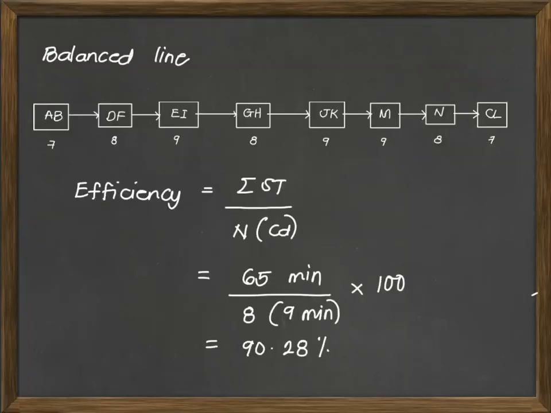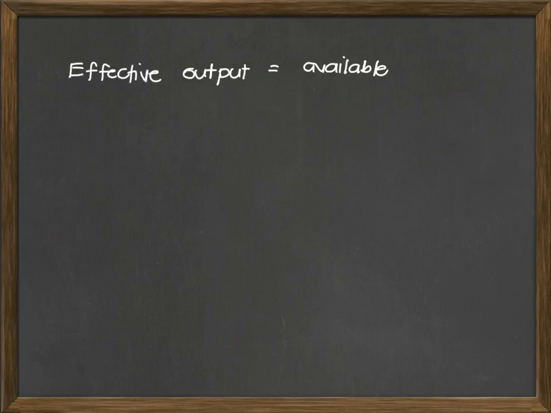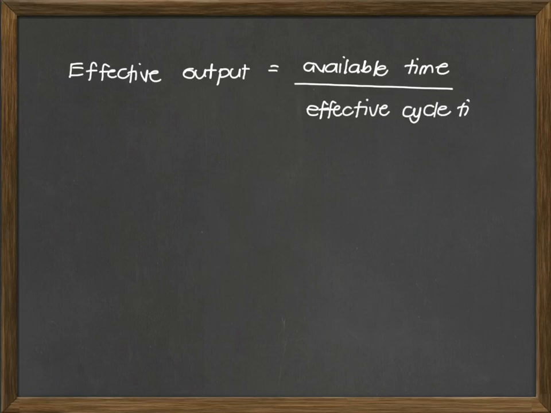And if we want to compute for the effective output of the line, so that is yung ating available time divide by your effective cycle time. So, in our balance line, yung longest time is your effective cycle time.